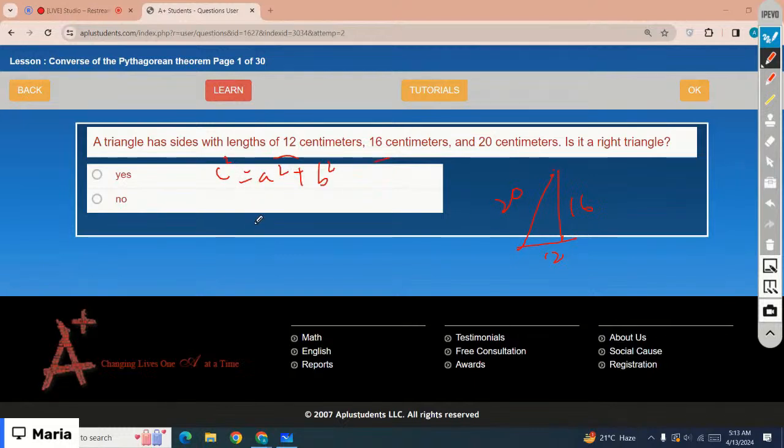So c is 20. 20 square equals 16 square plus 12 square. 16 square is 256 plus 144. I think they both are exactly equal.